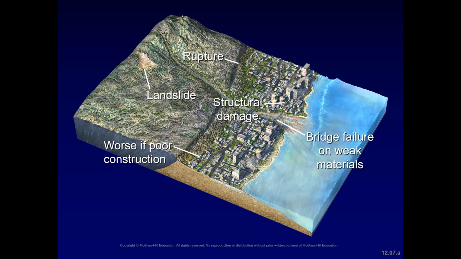We can be concerned as well about, say, bridge failure in this diagram, if the bridges are too rigid or if they're built on unconsolidated sediment, because we have something called liquefaction. So if you have, say, near a coastline or a body of water, unconsolidated, water-saturated sediment, that loses strength and begins to flow during an earthquake when you have energy being transferred through it.